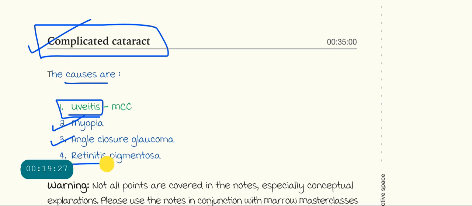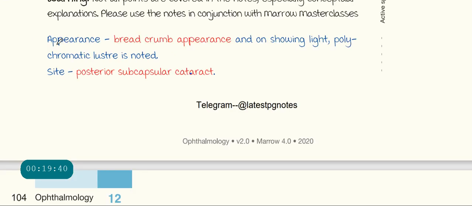Basically you have to remember the most common cause of complicated cataract, and that is uveitis. Very simple. Now the appearance in complicated cataract is a breadcrumb appearance, and it shows on light.